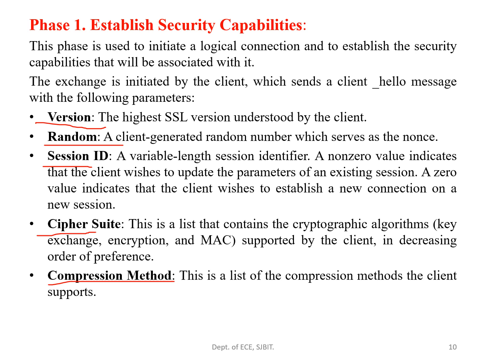Cipher suite is a list of the cryptographic algorithms for key exchange, encryption, and message authentication code supported by the client, in decreasing order of preference. Compression method is a list of the compression methods that the client supports.